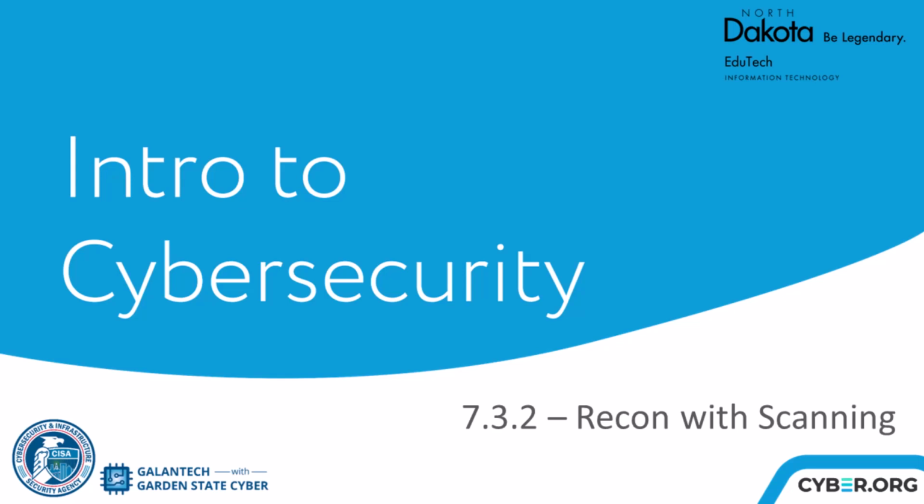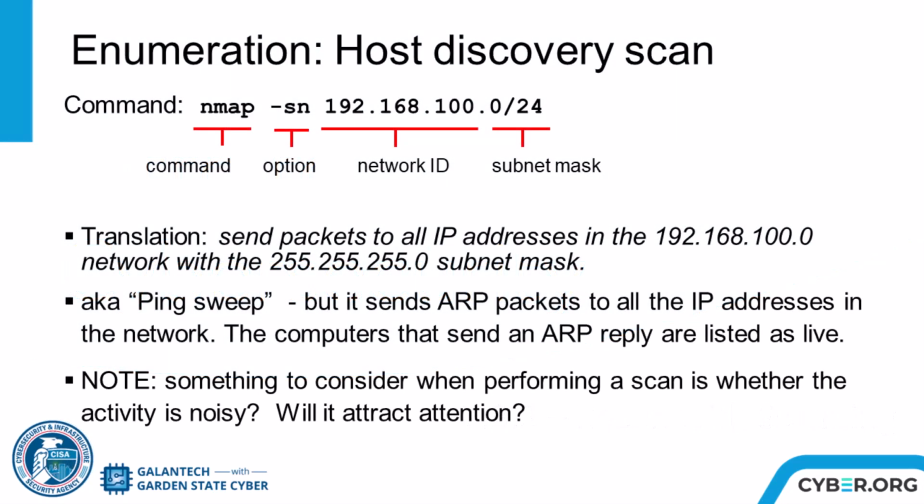7.3.2, Recon with Scanning, Part 2. The command we see here is broken into 4 parts. We have the command of what we want to do with the nmap, the option for the scan, the network ID, and the subnet mask.